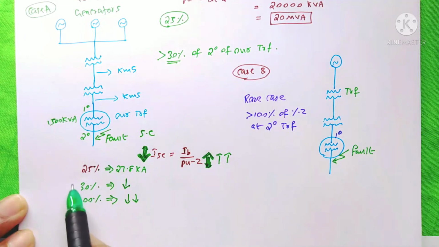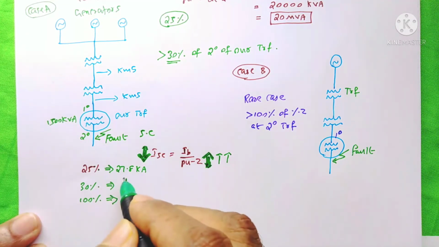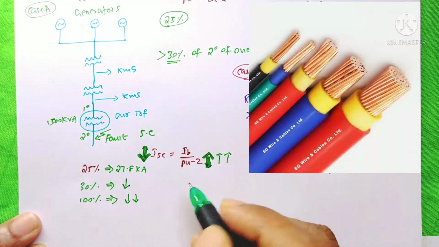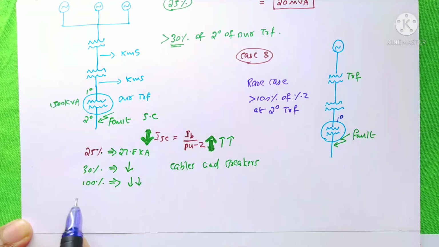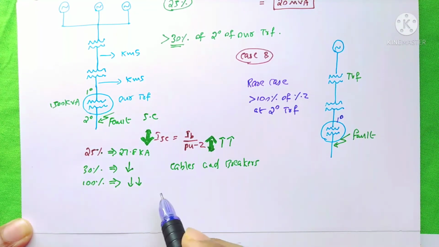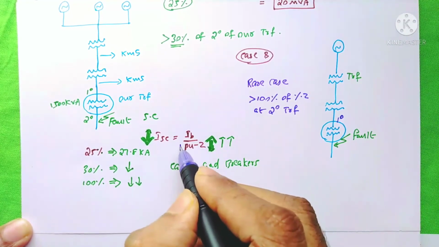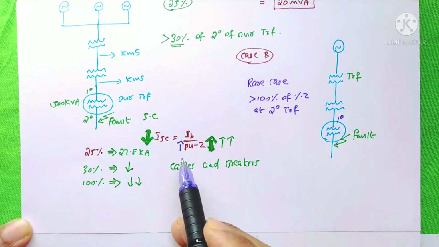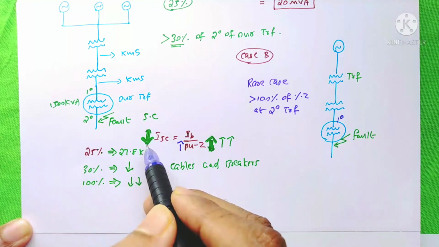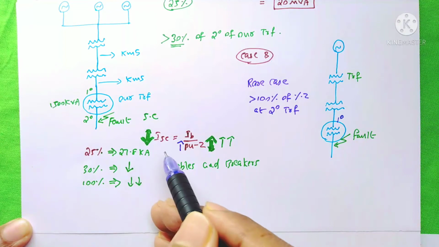So the advantage of this is that we size our power cables and circuit breakers according to this short circuit current. Suppose we have calculated the short circuit capacity based on 100% per unit impedance or 30% per unit impedance. That means we considered there is an increase of the per unit impedance on our system, and due to that the short circuit current of our system is reduced, right?